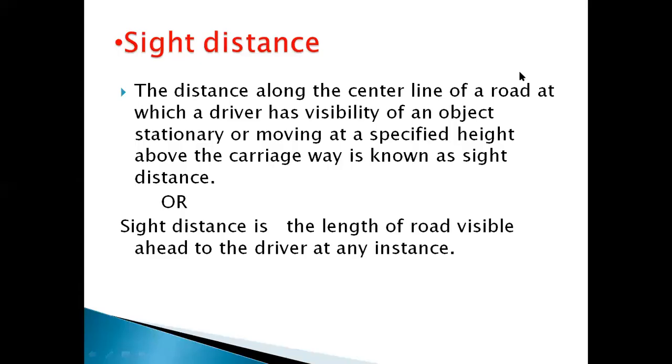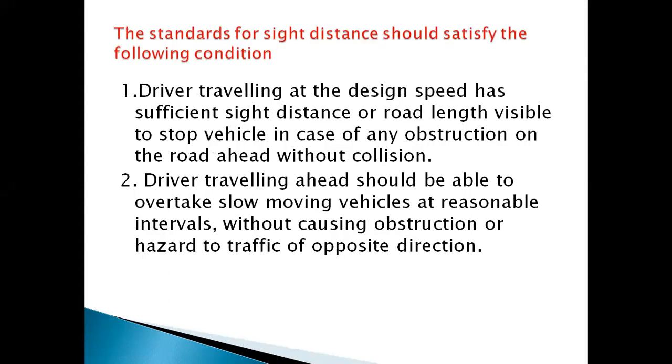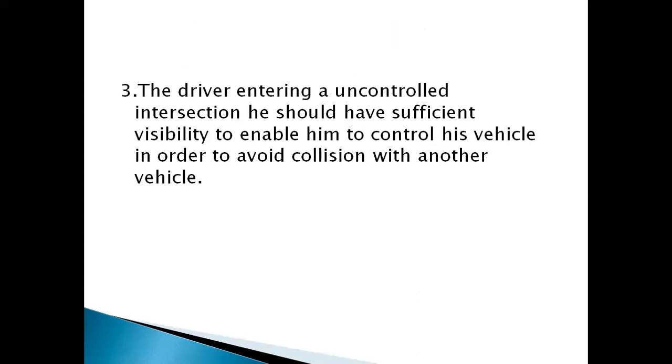Now we just revise the points. Sight distance is the distance along the center line of the road at which a driver has visibility of the front object. The standards for sight distance should satisfy three conditions.